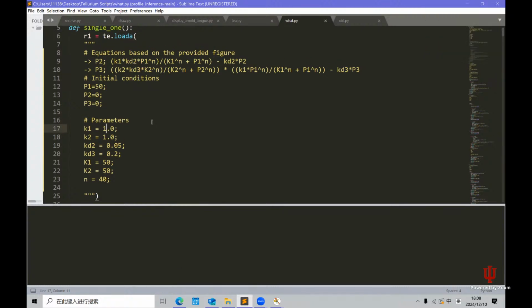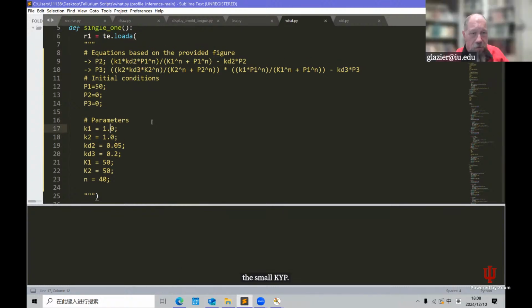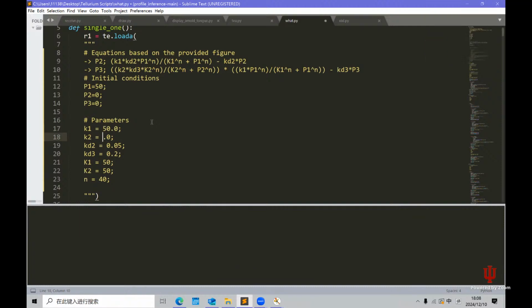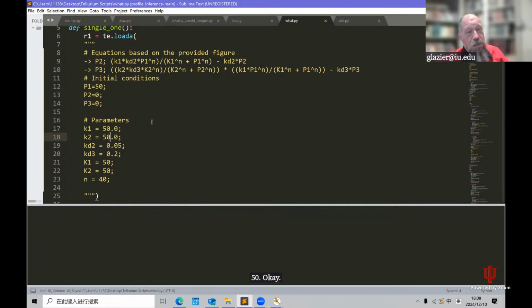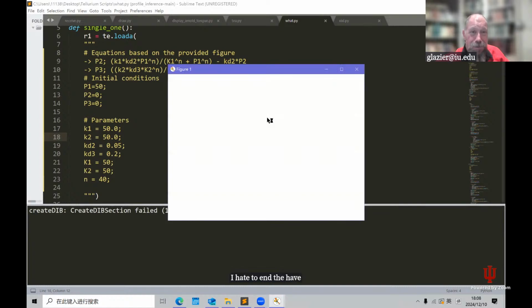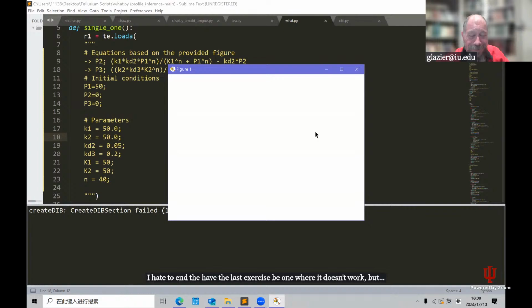The small K1, lower K1 and K2, yeah. 50. And if this doesn't work, I hate to have the last exercise be one where it doesn't work, but oh, didn't like that.